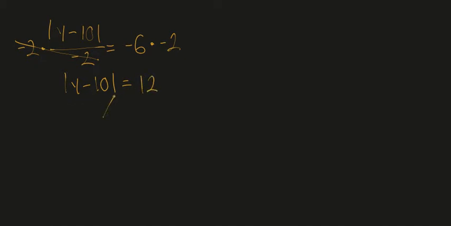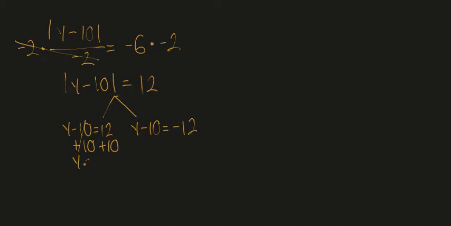At this point, we're going to break the absolute value equation down into two separate equations. One is going to be y minus 10 equals 12. The other is going to be y minus 10 equals -12. On the left side, we need to add 10 to both sides in order to get y by itself.